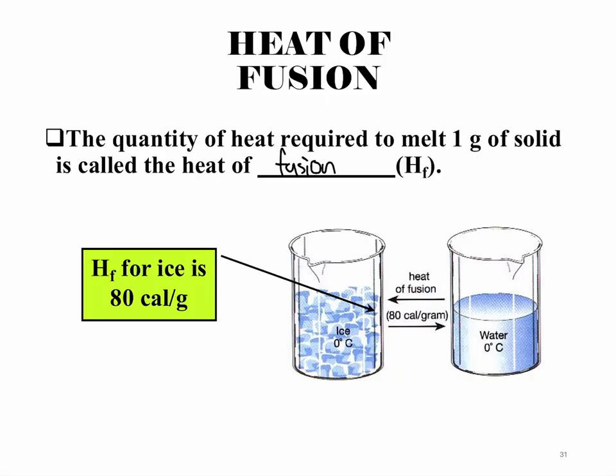And what that says is how much energy is required to melt 1 gram of solid, or in this case going from 1 gram of ice to 1 gram of water. It's given in units of calories per gram.